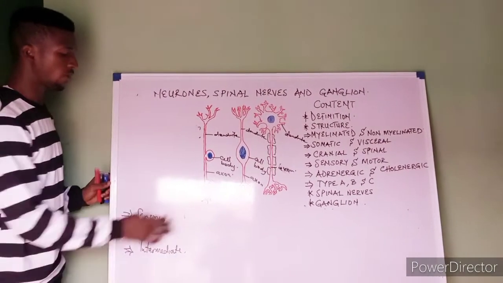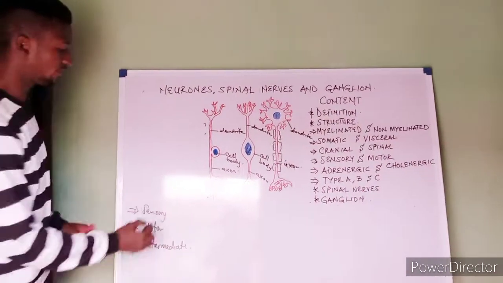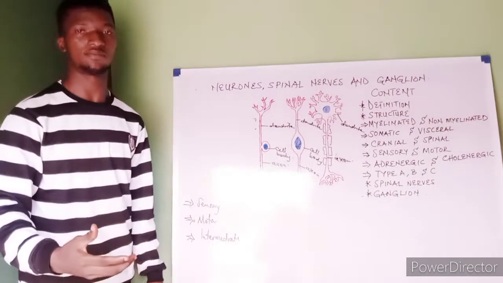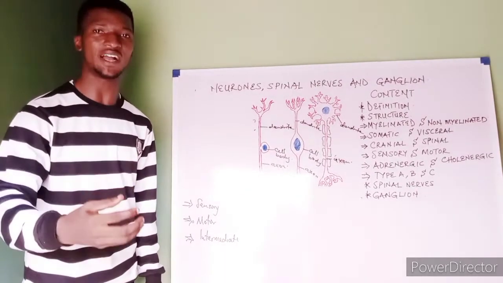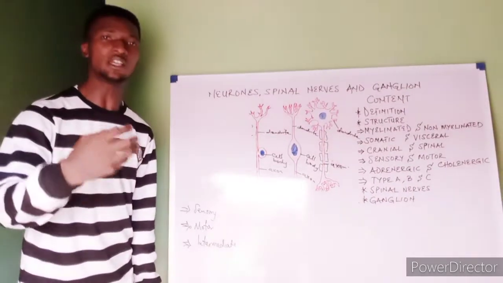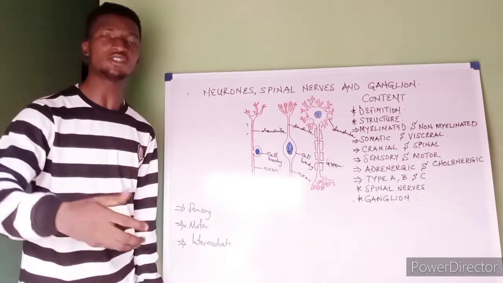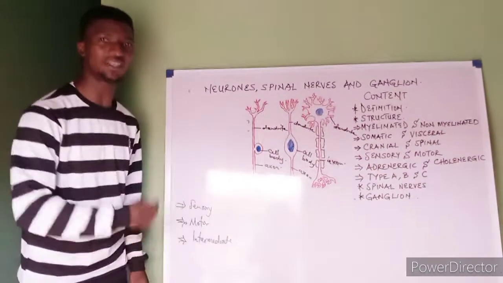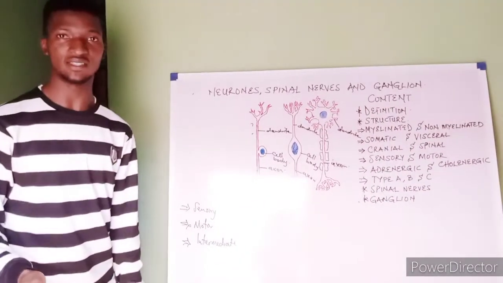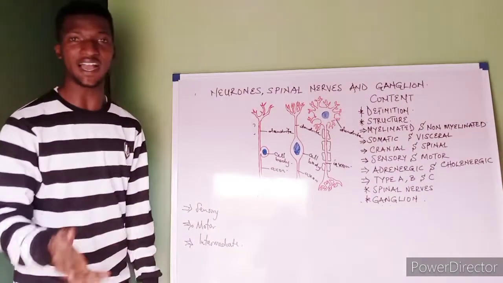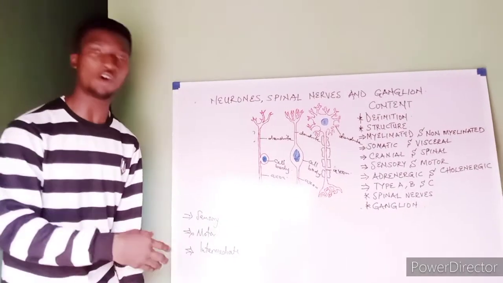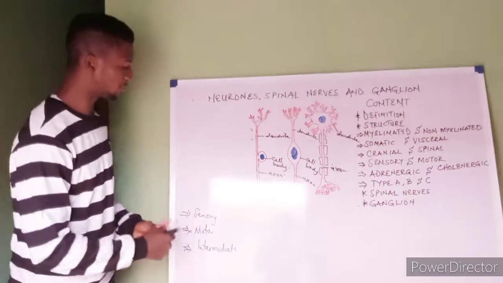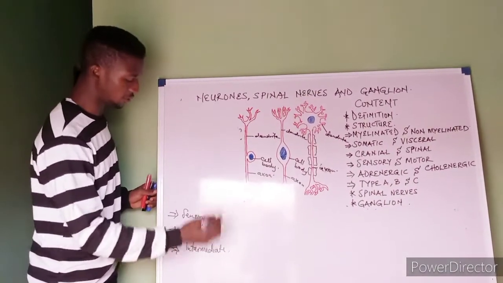When you hear the word sensory, it means that they are connected to sense organs to receive impulses from the sense organs and transmit them towards the brain. That's why they are called sensory nerve cells. And what are the sense organs? You have the skin, the eye, the ear, the nose, and the tongue. All of these consist of sensory nerves.